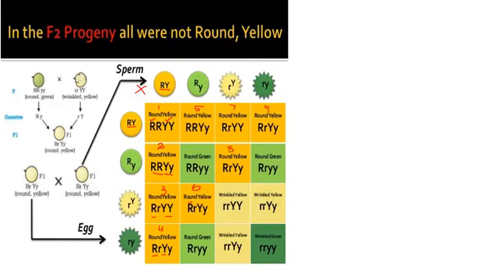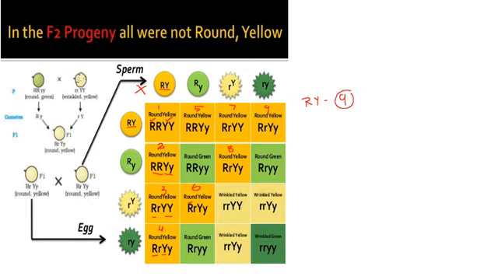Wherever you see capital R, capital Y, that means round and yellow type of seeds is produced. So for round and yellow, 9 out of 16, 9 round and yellow seeds are formed.